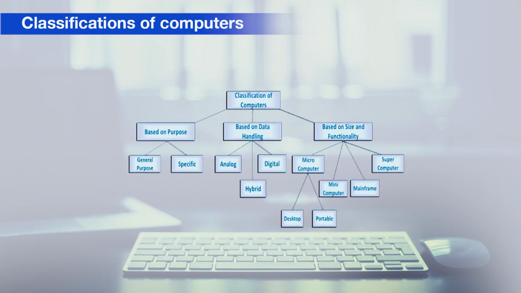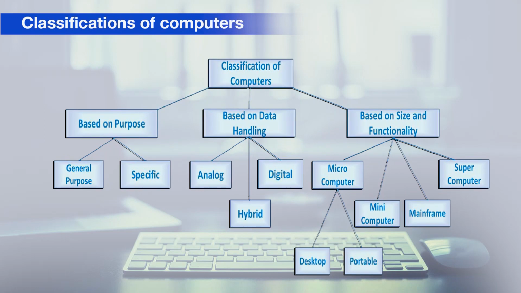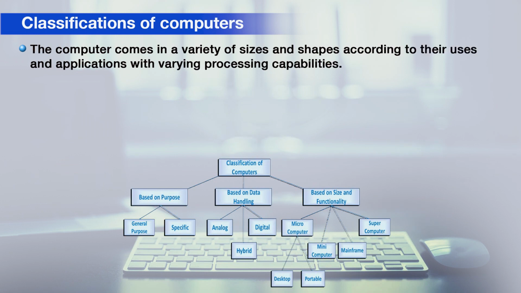Now coming to the classification of computers. Computers are classified into different categories according to their purposes, sizes and data handling. Computers come in a variety of sizes and shapes according to their uses and applications, with varying processing capabilities.